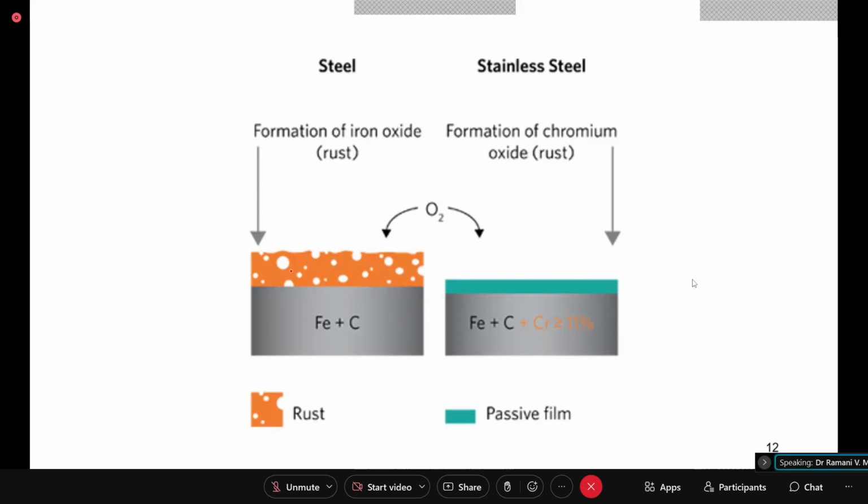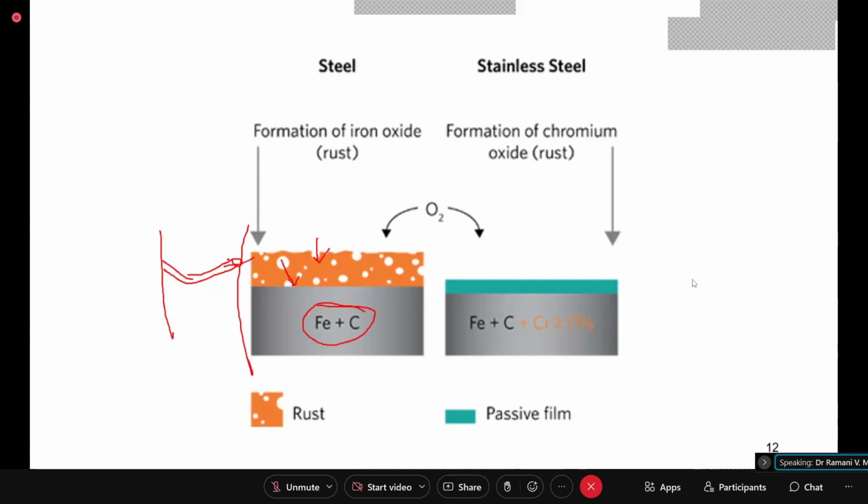If you are having rust formation, iron oxide on the surface of iron, the steel that you get will be porous. Due to the porosity, the pores will be something like a tube starting here and moving to the metal surface, if this is the oxide layer.